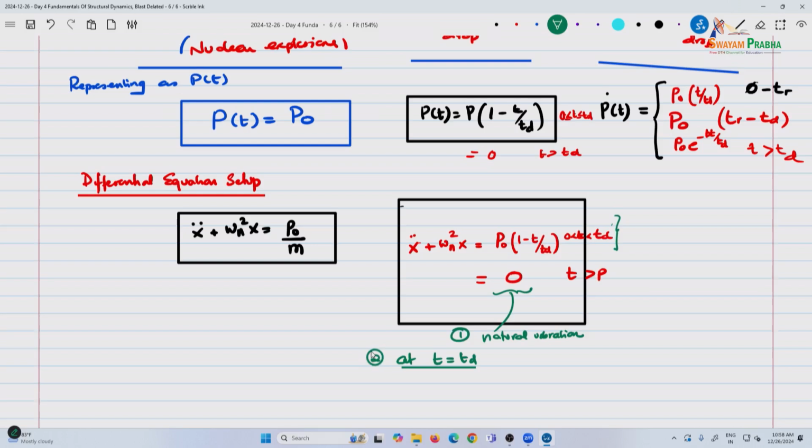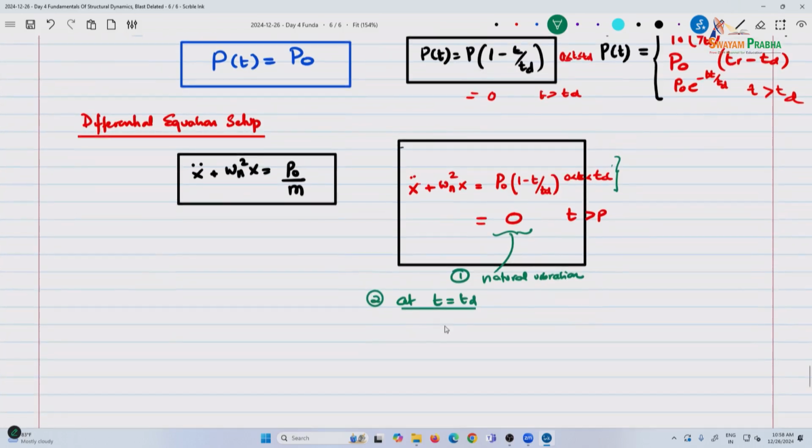The second aspect is at t equal to td, x of td and x dot of td, these become initial conditions for the free vibration problem, right?